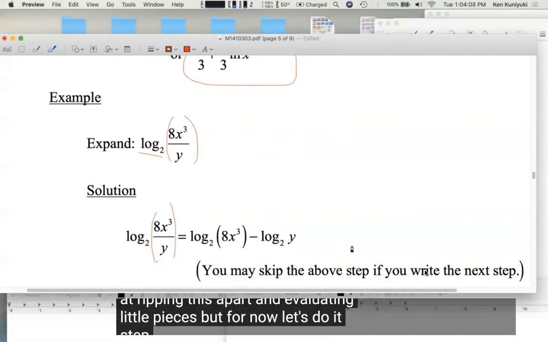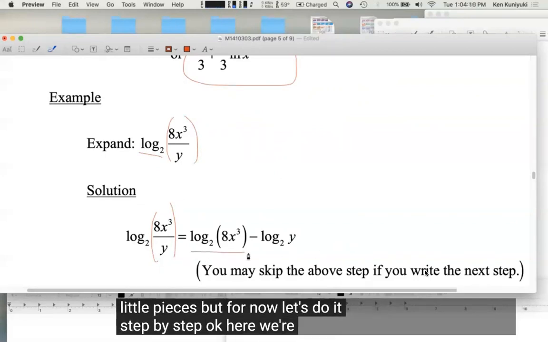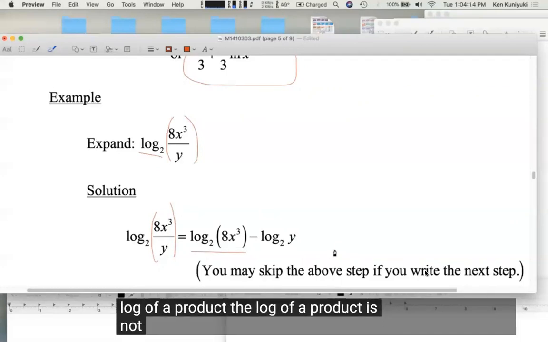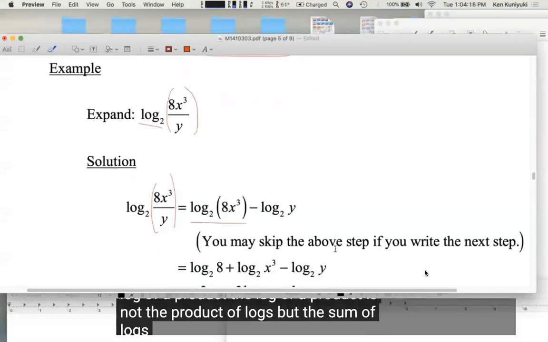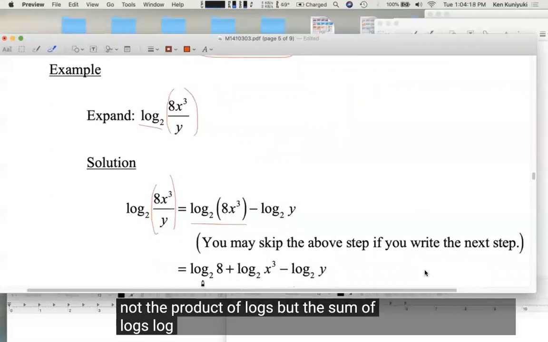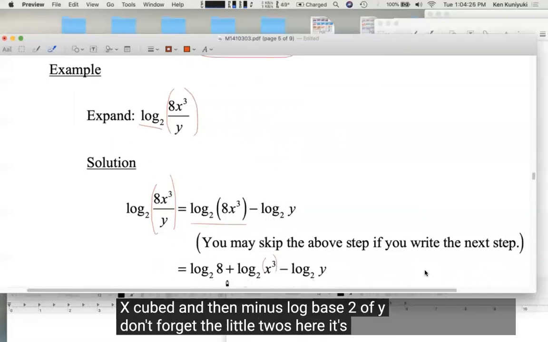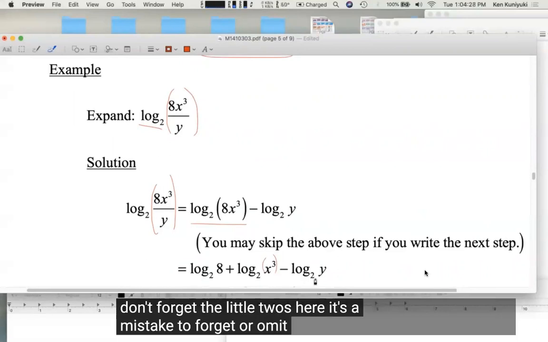But for now, let's do it step by step. Okay, here we're taking the log of a product. The log of a product is not the product of logs, but the sum of logs. Log base 2 of 8 plus log base 2 of x cubed, and then minus log base 2 of y. Don't forget the little 2's here. It's a mistake to forget or omit those little 2's.